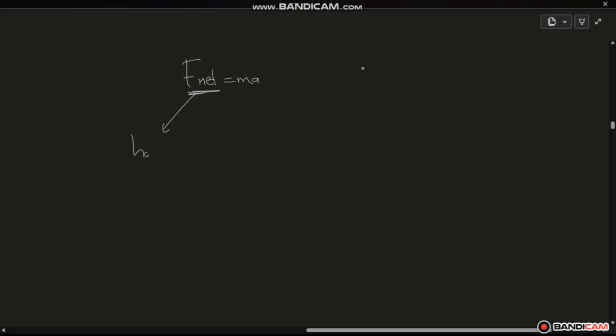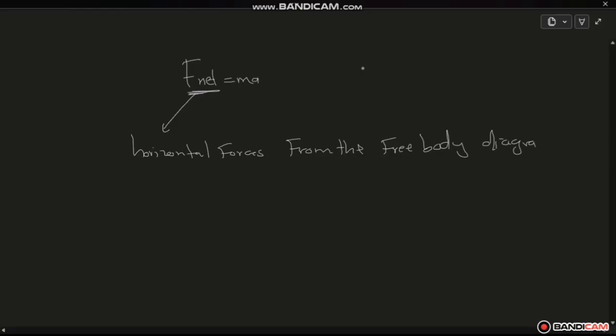The forces that have an effect on the F net part are the horizontal forces from the free body diagram. So horizontal forces are the forces that you substitute on the F net side.